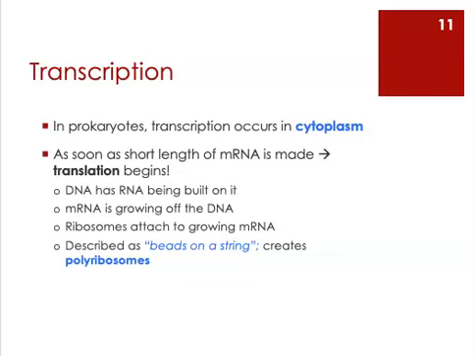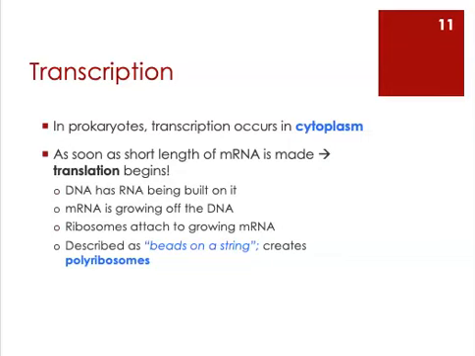There are a couple of other things that we should know about transcription specifically related to our microbes. In prokaryotic cells, in bacteria and archaea, transcription is occurring right in the cytoplasm. And that's because the DNA, as it sits in the nucleoid, is right in the cytoplasm in a prokaryotic cell.